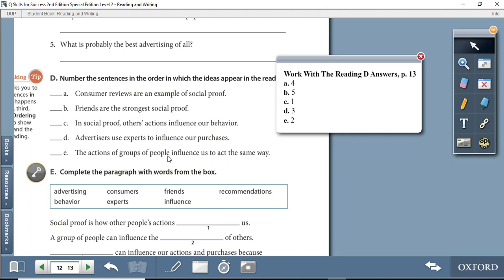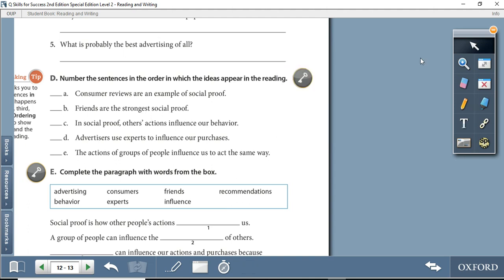The actions of groups of people influence us to act the same way. D, number 3. Advertisers use experts to influence our purchases. A, number 4. Consumer reviews are an example of social proof. And B, number 5. Friends are the strongest social proof.